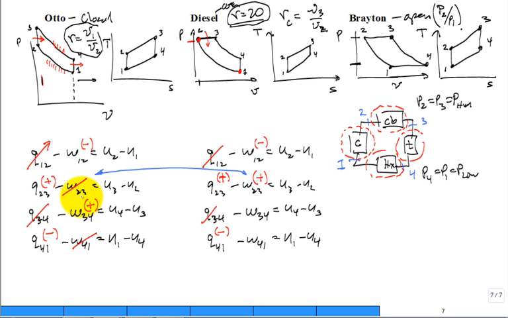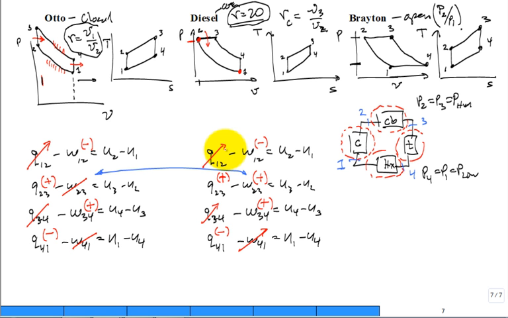It was constant volume heating in the Otto, constant pressure heat addition in the Diesel. All right, let's continue on. Work 3 to 4, positive, negative, 0? Positive. And work 4 to 1? 0. Finally, we got a 0 there. So there you go. That helps a lot, I think.